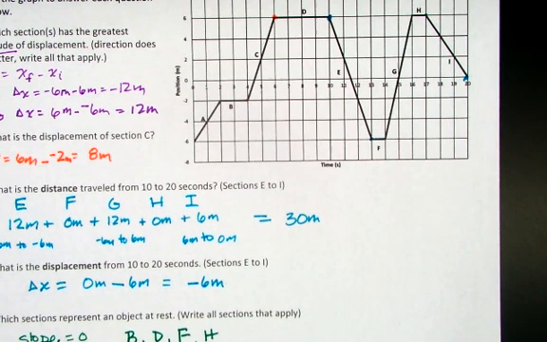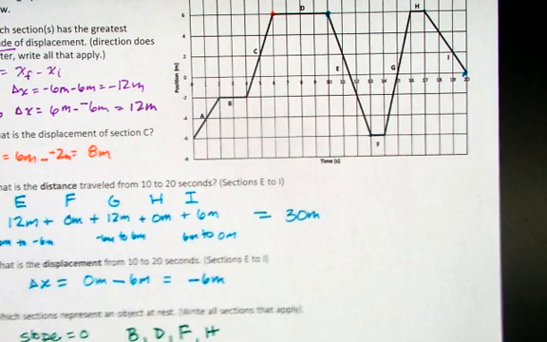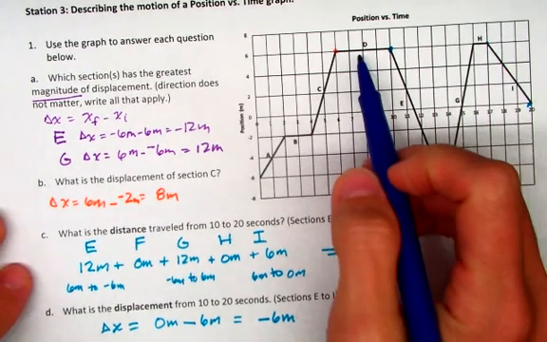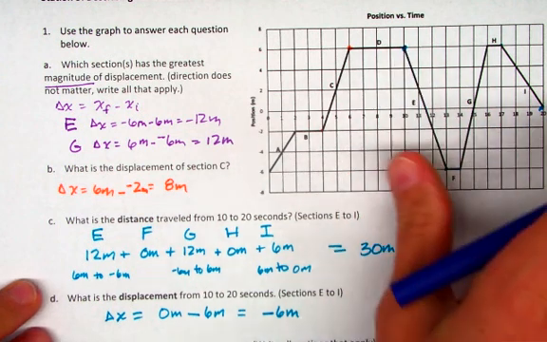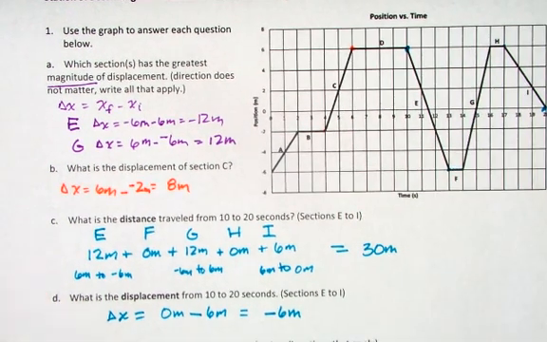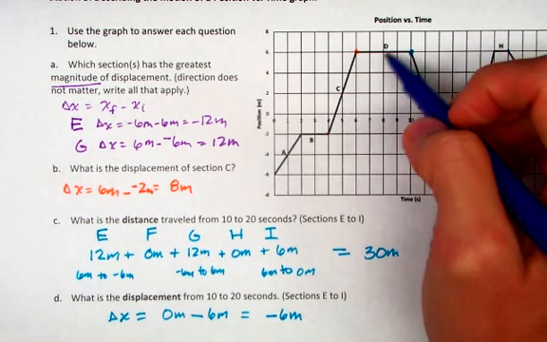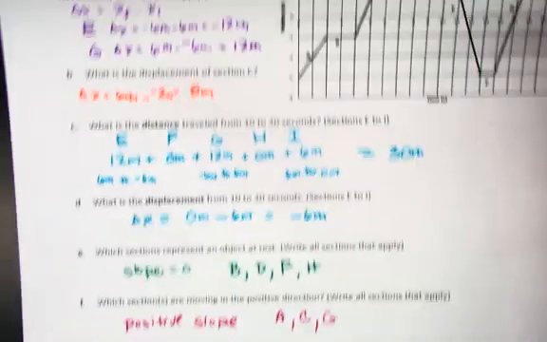Next, we're looking at the object's motion during section D, and we're trying to describe motion and position from the origin. Let's take a look at D here. Notice D is a horizontal line, so what that tells me about the motion is that the object's at rest. Now we also want to talk about the position of section D, and the position is at 6 meters, so that means it's in the positive direction from the origin.